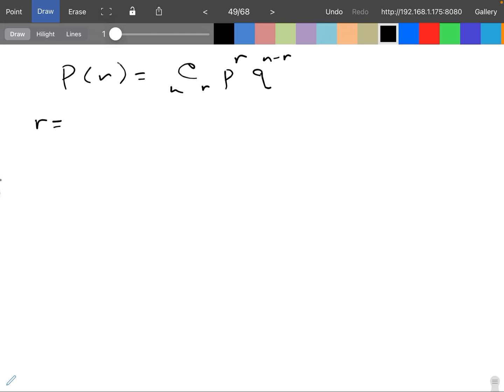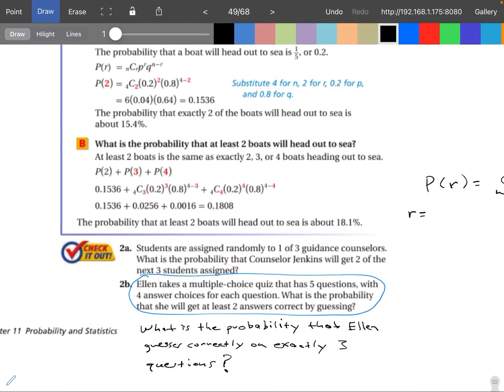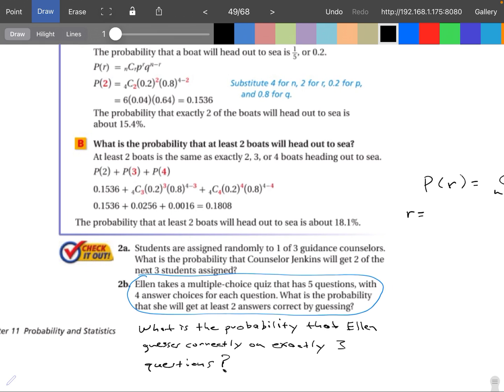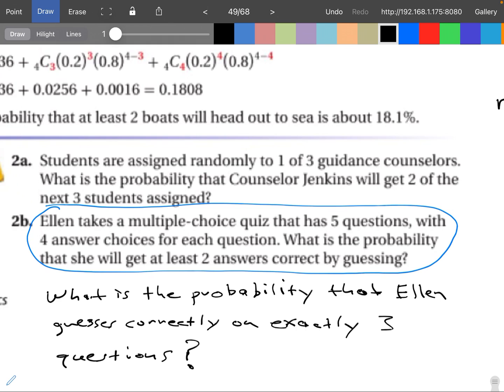All right, then we're going to write down what all of these variables are. So R equals, okay, R was the number of successes. So how many times did I want her to be successful out of the 5 questions? Let's go back. That's what I just wrote down, right? I'm all messed up. Hold on. Well, you guys can read it right there. How many successes do I want out of the 5 questions?